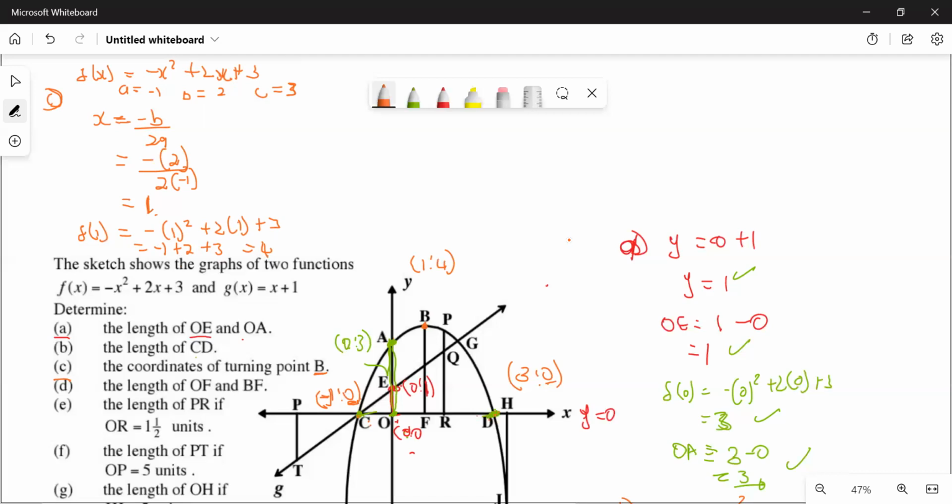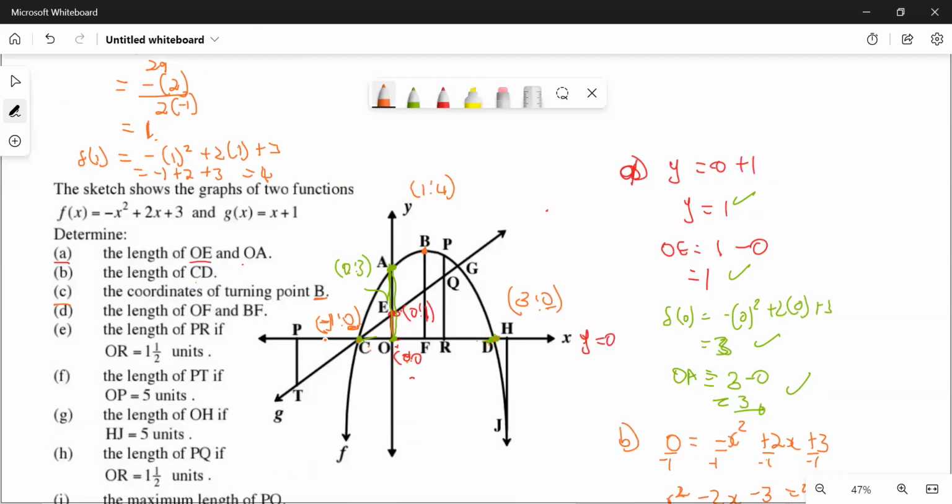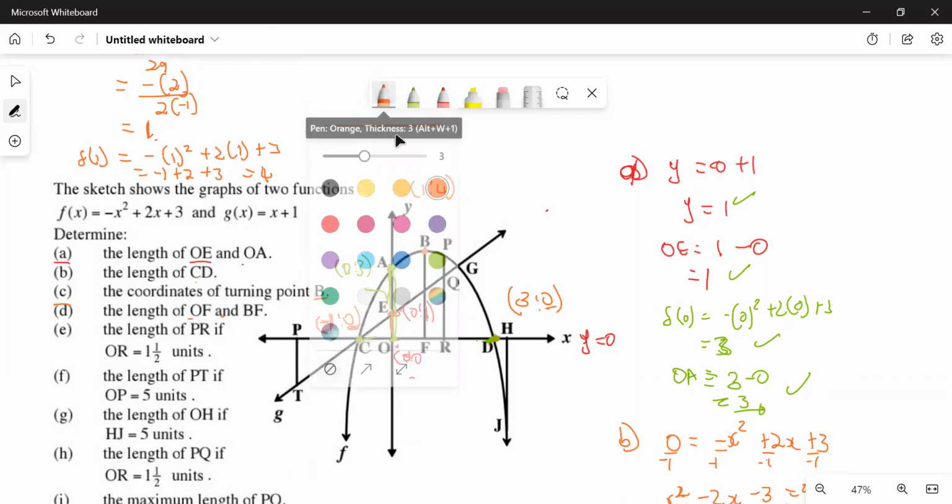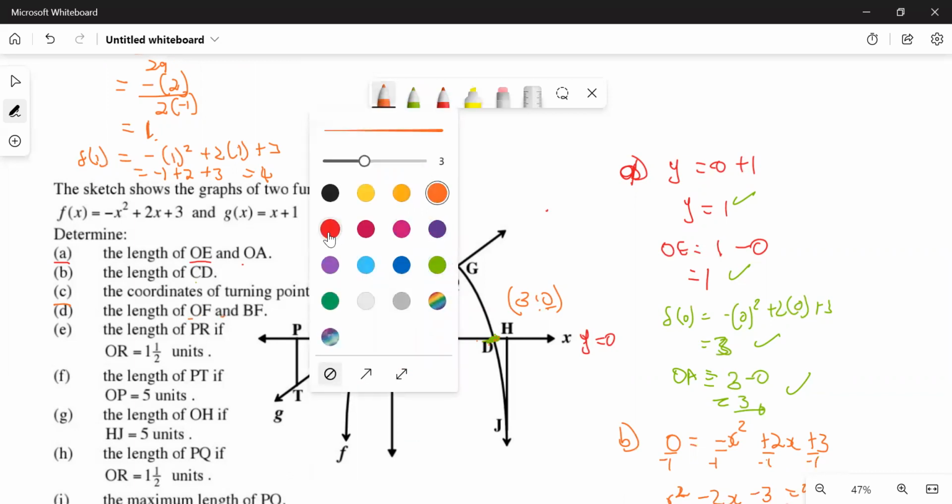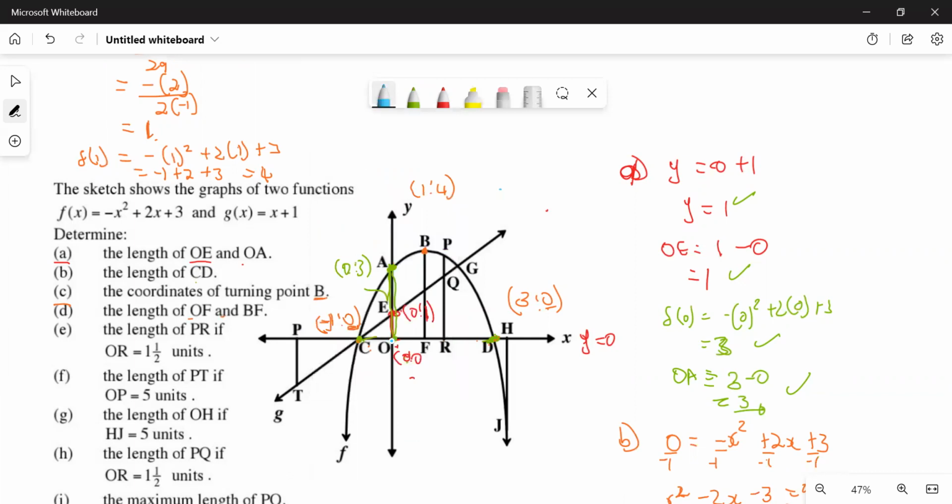Okay, what else are we looking for now? They say we should give them the length of OF. Let's check. We have O here, and then we have F here. Now, let's check what are going to be the coordinates of F here.